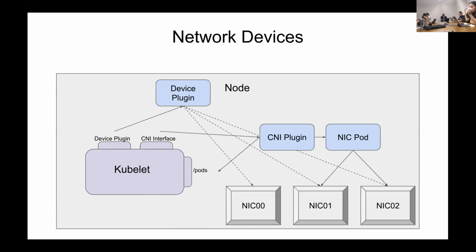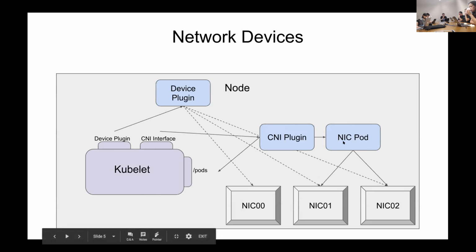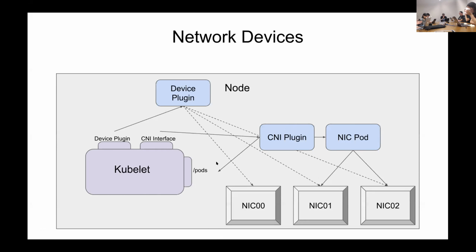And then when CNI add is called, and the CNI plugin performs the setup of the network namespace, this CNI plugin simply has to perform the plumbing for these network devices to this pod. It understands that because it queries the pod's endpoint, and thus is able to establish that device A needs to be plumbed to pod foo.